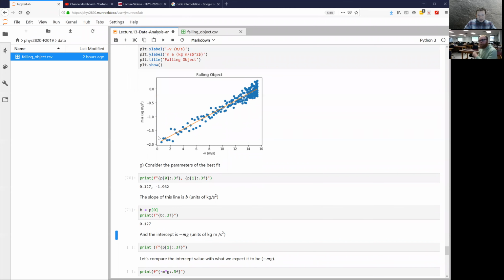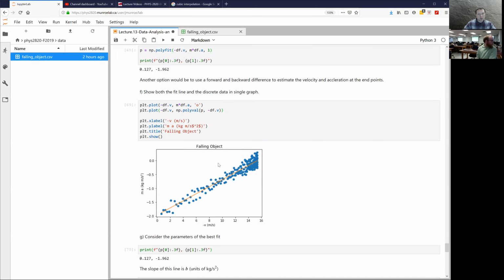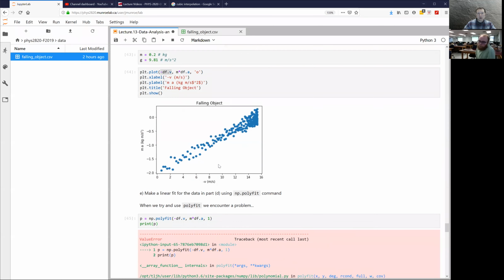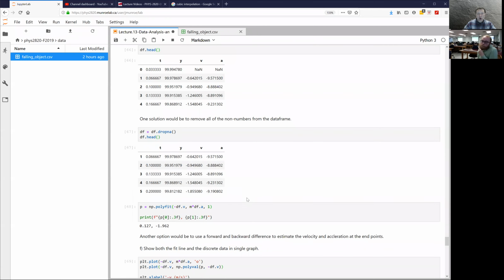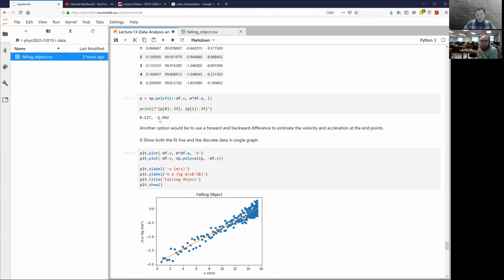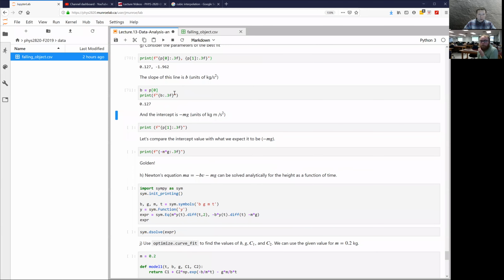The second thing in this model is the intercept, and we know this because of a physical model, because we wrote down the model: ma, vertical, equals b times minus v, horizontal, minus mg. The minus mg is going to be the mass times gravity. That third parameter works out to being minus 1.962, okay?